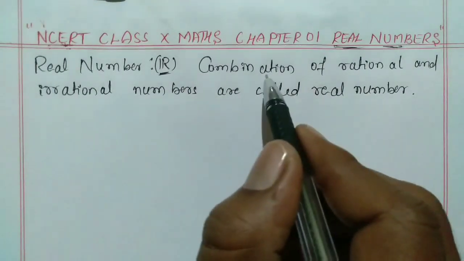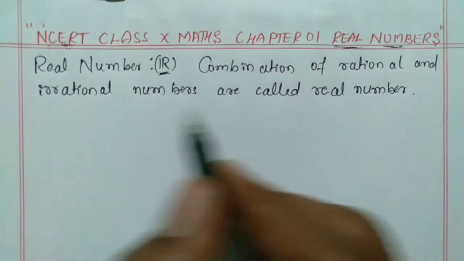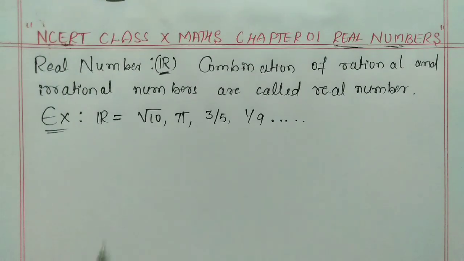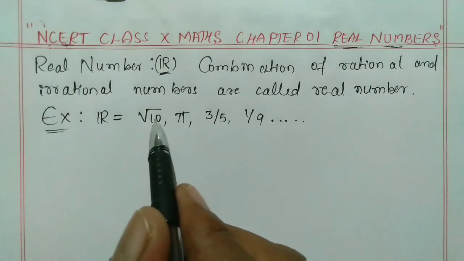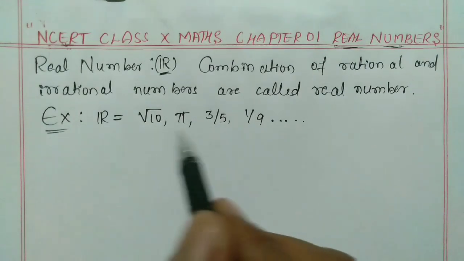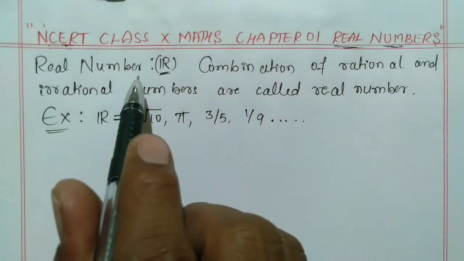Examples of real numbers are square root of 10, pi, 3 by 5, 1 by 9.